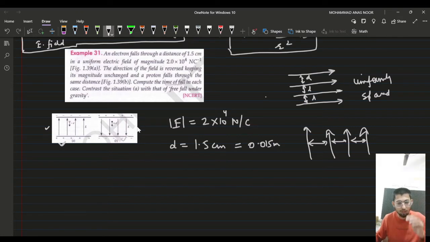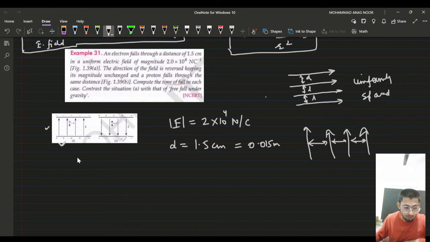Now, can you think why this would fall down? I told you that a charge placed in an electric field would experience a force. That's why it would come down or go upward, we don't know. How can you tell whether it would be coming downwards or going upwards?